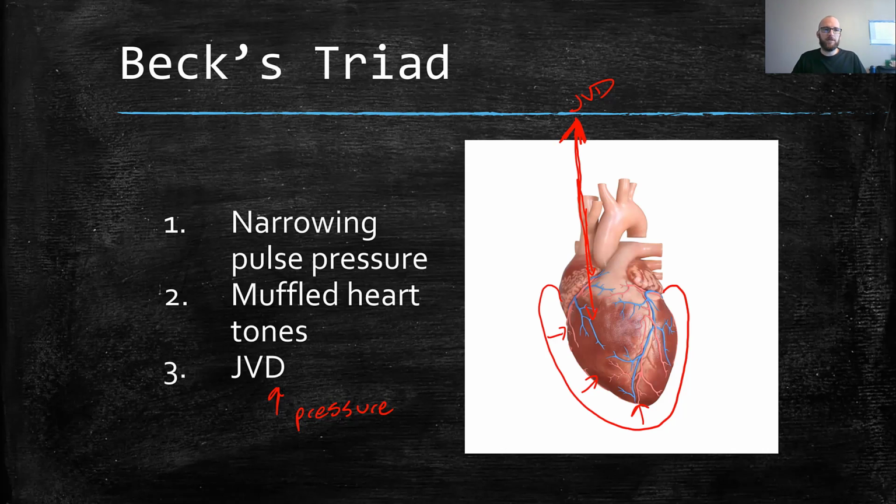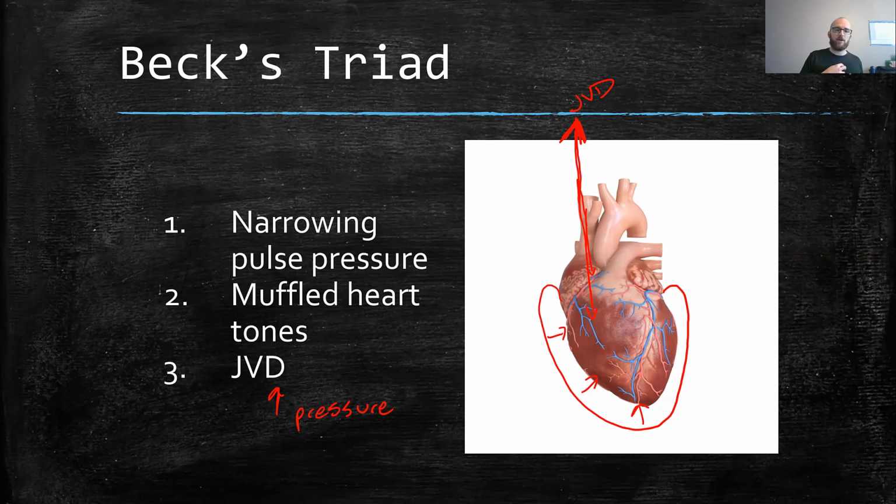But you really need to listen to heart tones regularly to understand what they sound like normally, so that you get a better idea of when they're muffled. If you listen to heart sounds all of the time, when you finally hear muffled heart tones and that auditory difference between the two, it'll stand out to you a lot more easily.